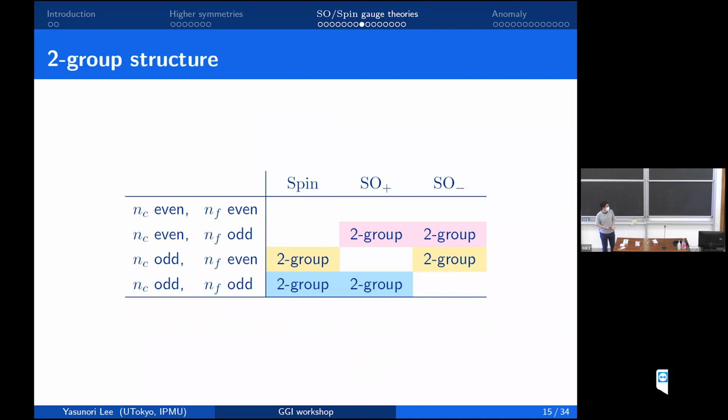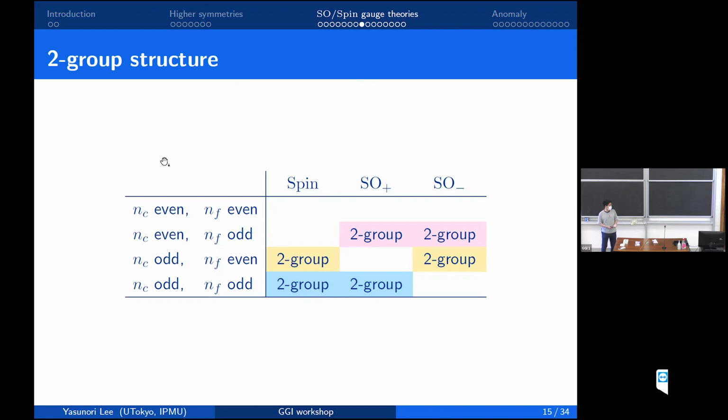Okay, so the results are summarized as follows. In the vertical direction, for spin QCD, we have two-group symmetry when NC is odd, corresponding to the bottom two lines, and SO plus QCD has two-group symmetry when NF is odd, corresponding to the bottom line. And finally, SO minus QCD has two-group symmetry when NC plus NF is odd, corresponding to the middle two lines.